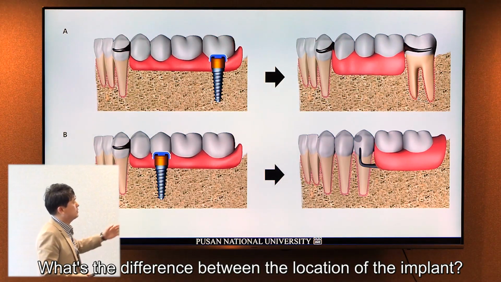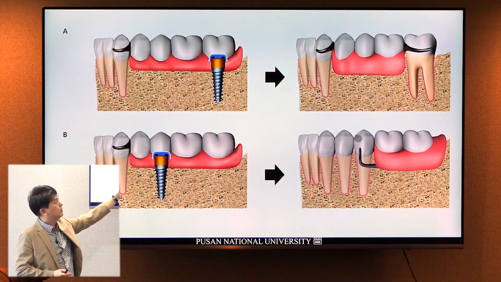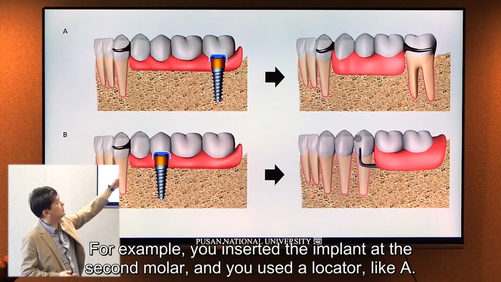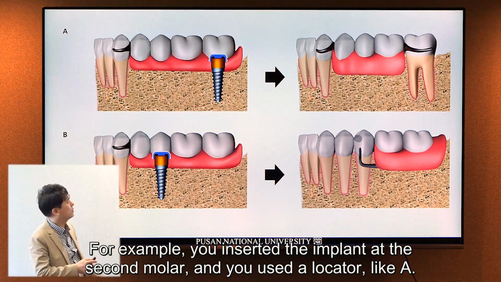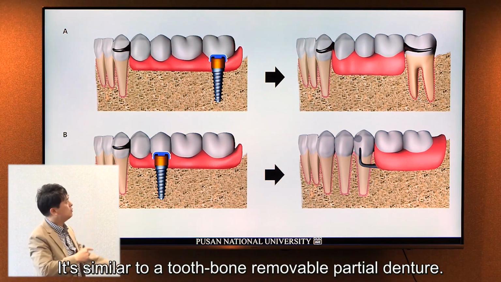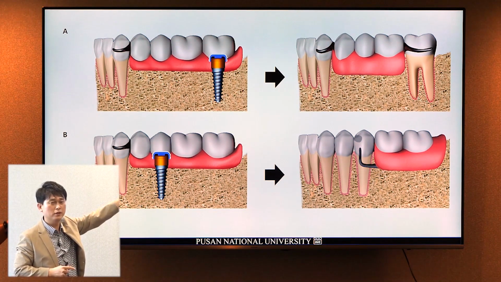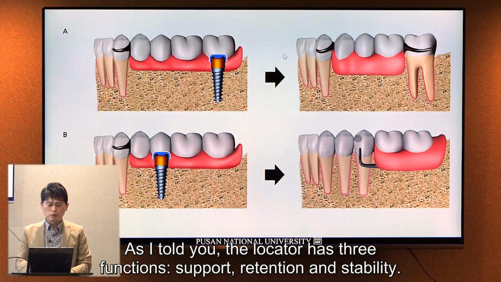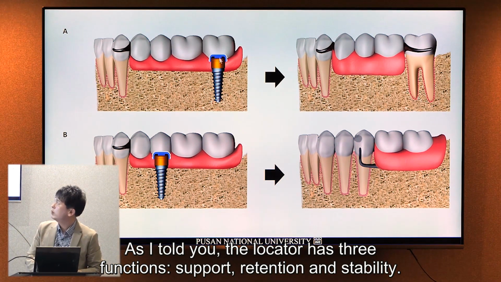So what's the difference according to the location of the implant? For example, you insert an implant in the second molar area, and then you connect the locator, like A. It's similar to the tooth-borne removable partial denture. As I told you, the locator has three functions: support, retention, and stability.